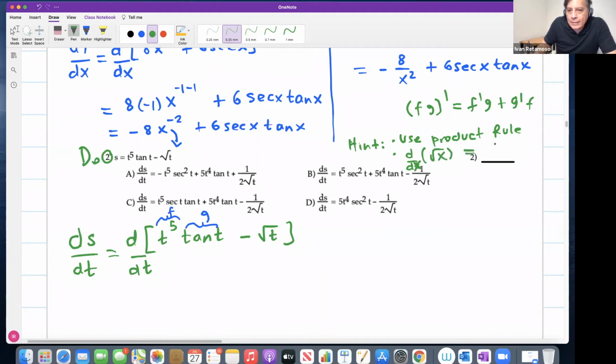Remember, we got this as 1 over 2 times the square root of x, all simplified. So use this result too for this part. Use the product rule and figure out what the answer should be there. And then we'll move to other forms, guys.